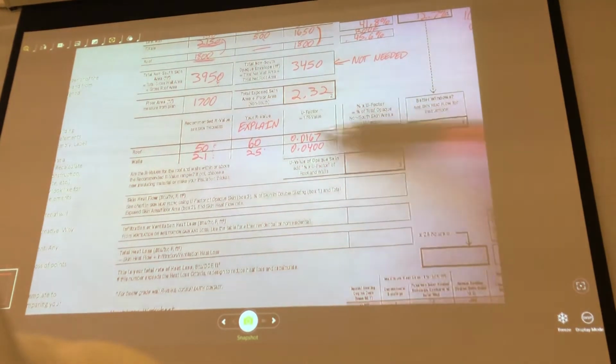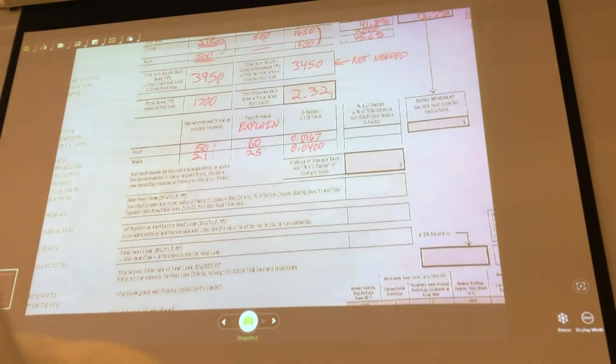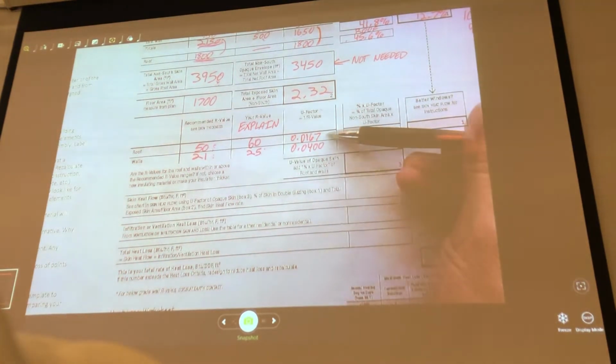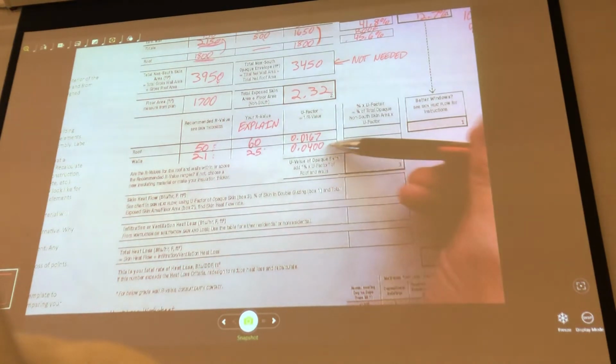Now we just simply add up our U values, correct? That'll give us our total building envelope. No. Similar to how we calculate for our walls, we need to figure out what percent of our envelope is our roof and what percent is part of our walls.